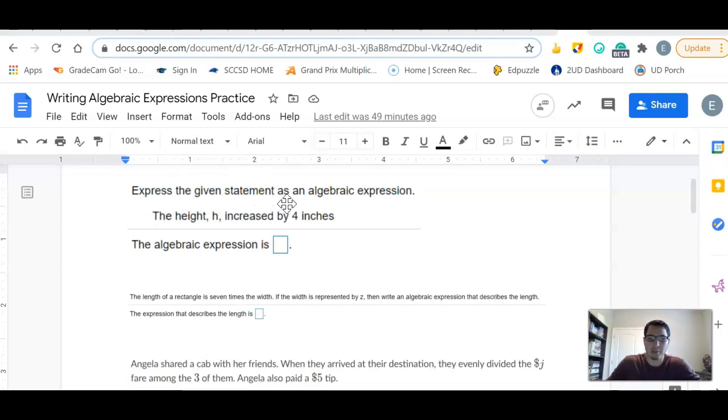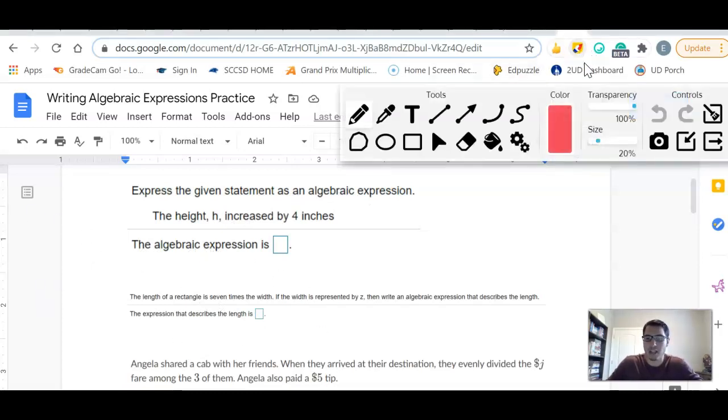Express the given statement as an algebraic expression. The height, h, increased by 4 inches. So what is the algebraic expression? Remember, an algebraic expression has to have a variable and an operation. When the variable is given to us, we need to use that variable. So we have to use h here. The key words for this are increased by.